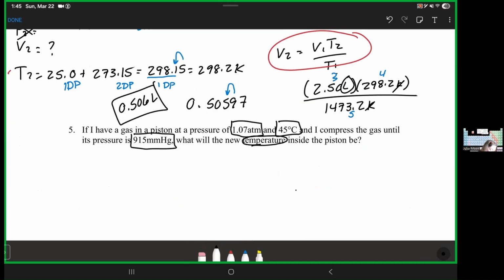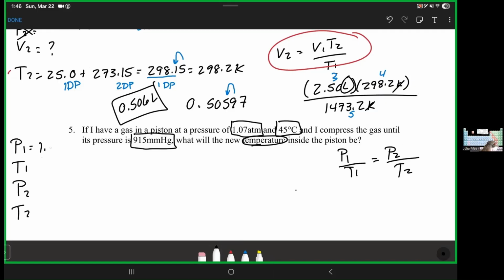Okay, so we've been given 2 pressures. So P1, V1 over T1, P2, V2 over T2. I can see that volume was never mentioned, so I am going to go ahead and get it out of my equation because I don't care about volume. It was held constant. So my P1, T1, P2, T2.